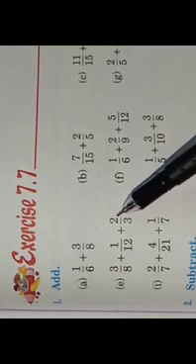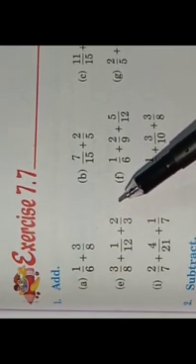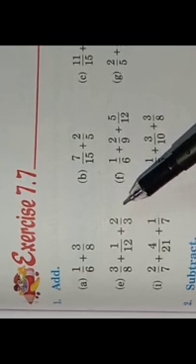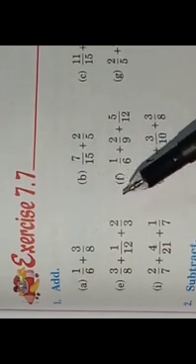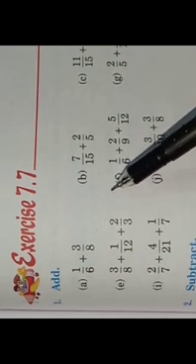So in order to add or subtract them, first we will convert them to like fractions and then we will add or subtract their numerators. So how can we convert unlike fractions to like fractions?